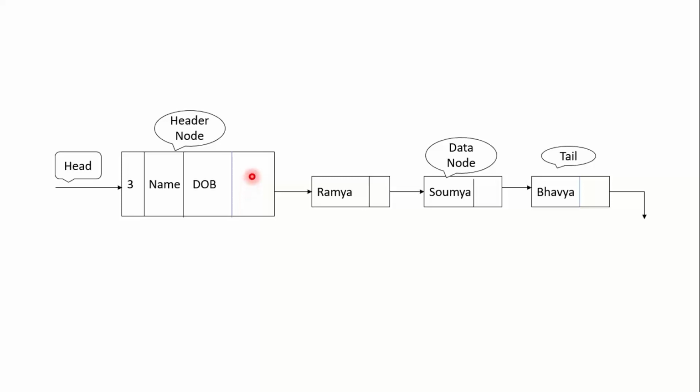This element points out to this node where it resides in the memory. And here again, this will contain some information which will point to the next node, and this will contain some information which will point to the next node. So this is the link part of the data node.